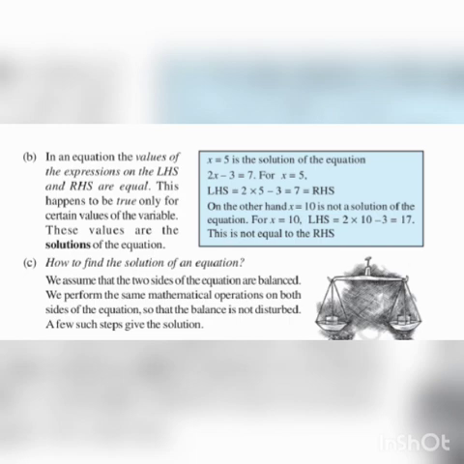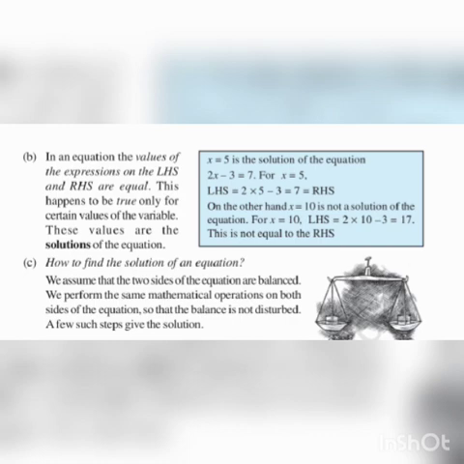Solution means what? You can see that one box problem is there. Listen, 2x minus 3 equal to 7. And they have given x is equal to 5 is the solution of the equation. So what you are doing is, you can substitute x is equal to 5 in that equation. So 2 into 5, 10, minus 3, 7. So what is your LHS value? 7.